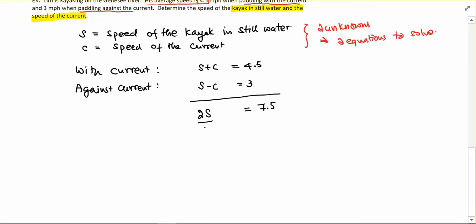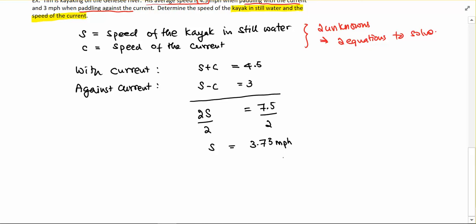Then I divide by 2, and I get S equals 7.5 divided by 2, which is 3.75. So the speed of this person in still water is 3.75 miles per hour.